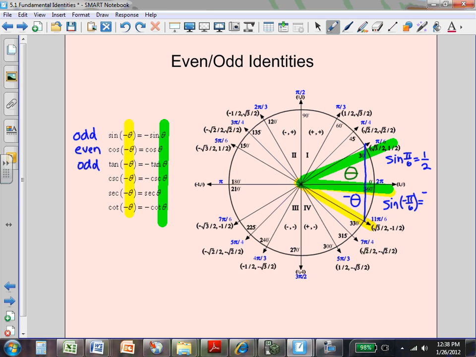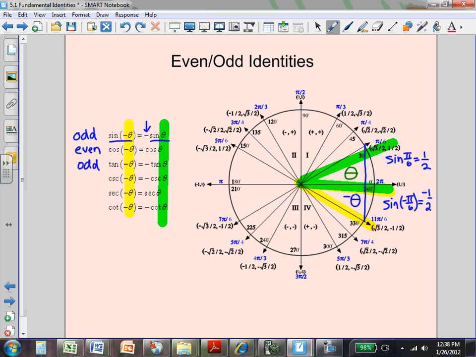We went down, so it's at negative 1/2. And that is why we have this identity that says these two sine values are the same except for the fact that they're opposites of each other when you go in opposite directions.